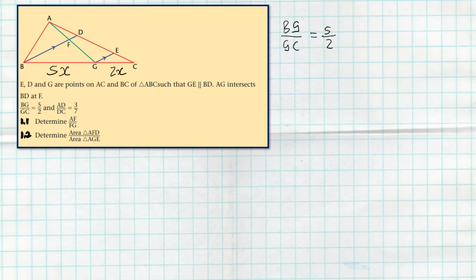Okay, same as this one, AD over DC is equal to 3 over 7, right? So it means that also for AD, I'm just going to write 3, but I can't say 3x because x we already used on this side, right?